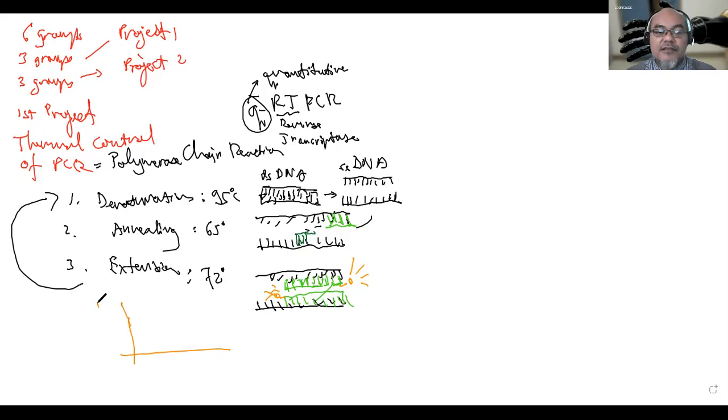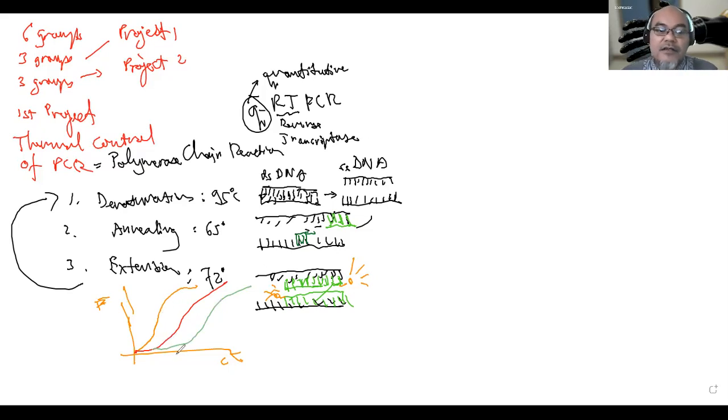If this is fluorescence, and this is with time or cycle time, how many times it is cycled, then it will increase rapidly like this. So we call this the fluorescent intensity. Depending on whether you have the increase here or here at the red one, or maybe at this part, it will determine whether you have a lot of viral load in your body or not.